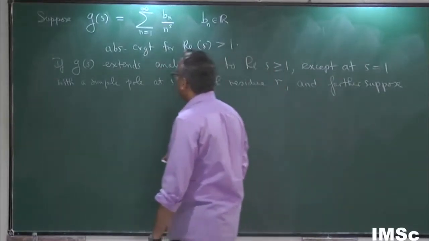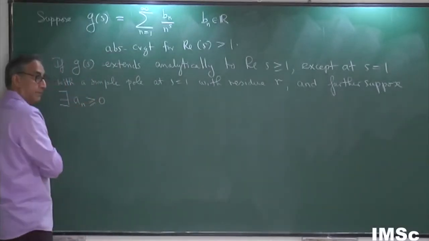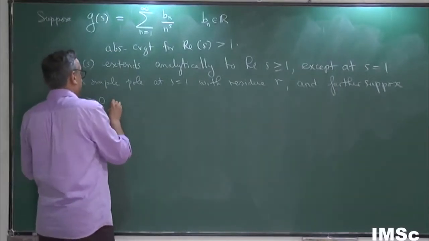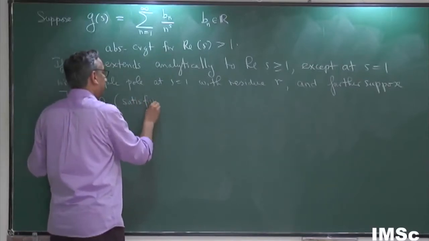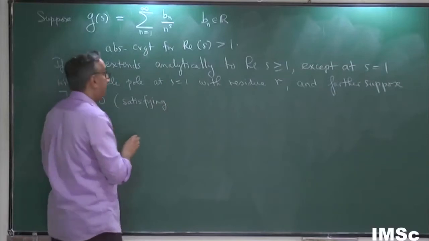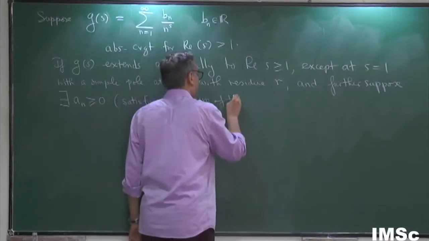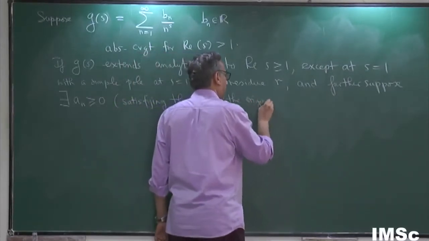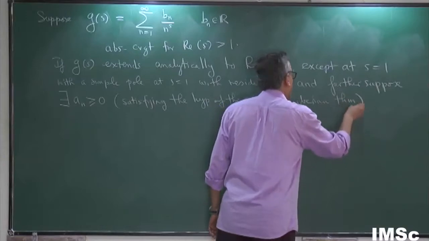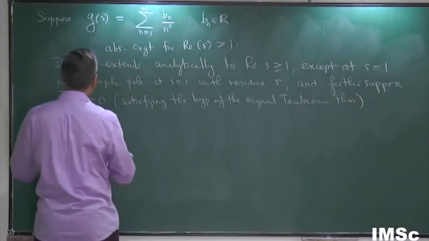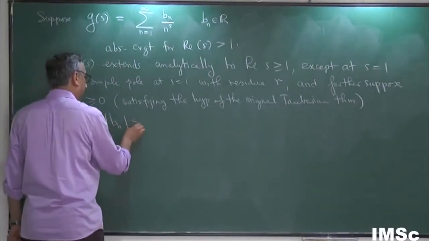Further suppose there exist a sub n's, real, non-negative, satisfying the hypothesis of the original Tauberian theorem, with b sub n bounded by a sub n.